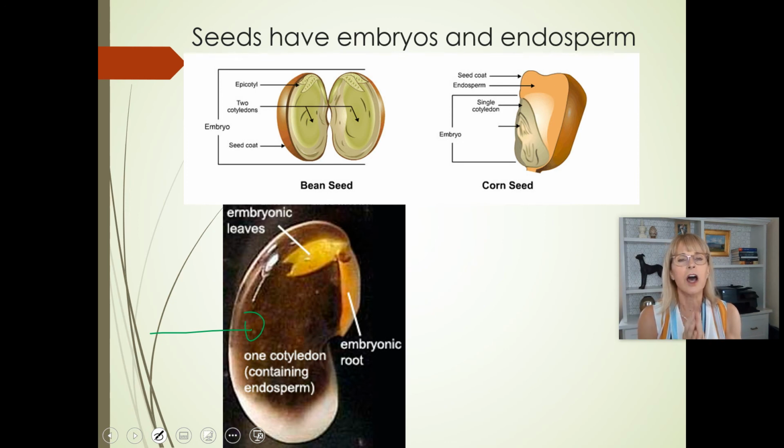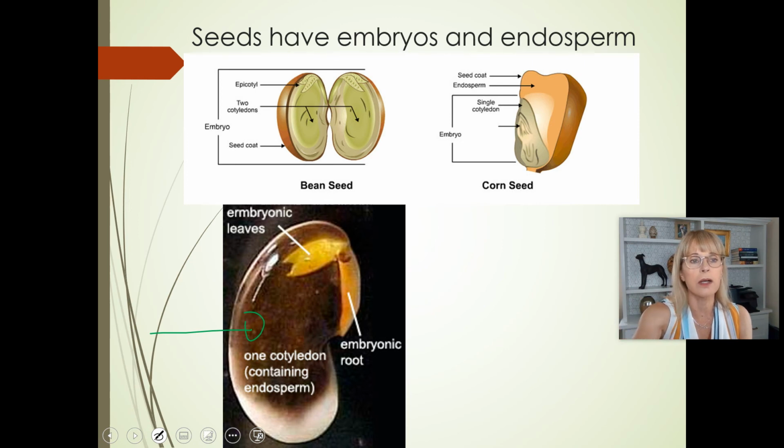Now, cotyledons. Yeah, cotyledons are much more complicated than we're going to talk about in this class. But in some plants, there are two cotyledons, and in some plants, there's only one cotyledon.